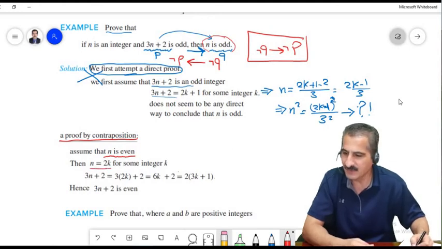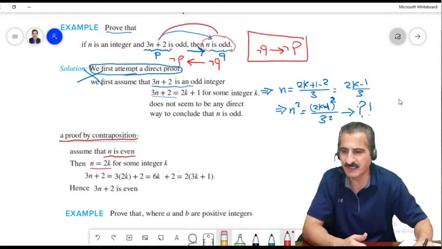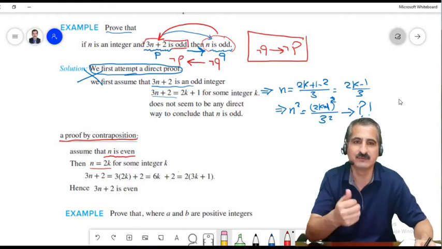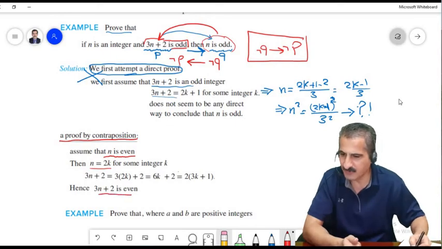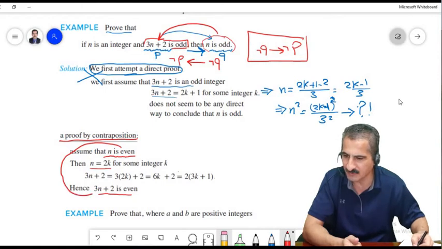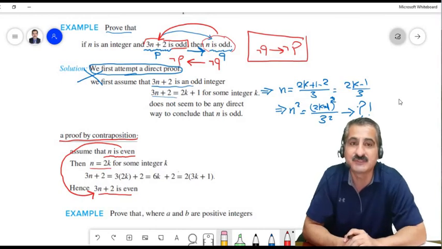Now, remember what we want to prove. We want to reach, with n even, that 3n plus 2 is even.